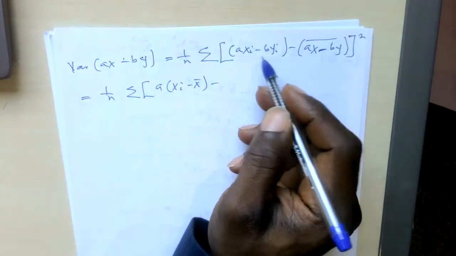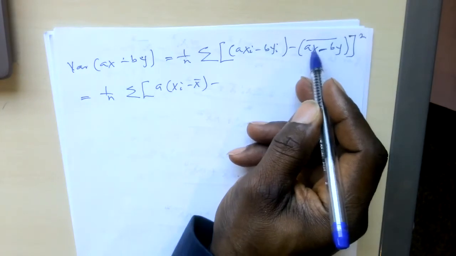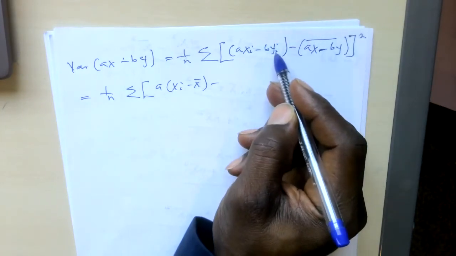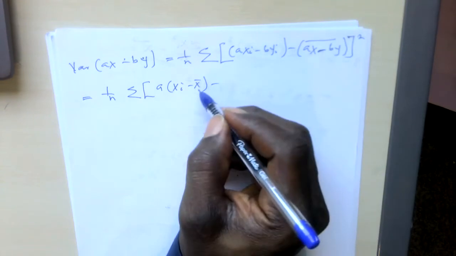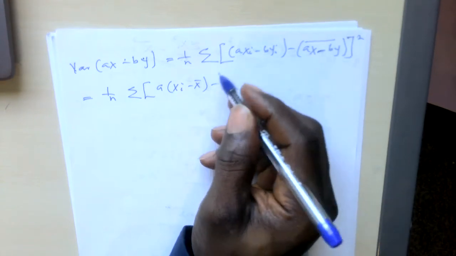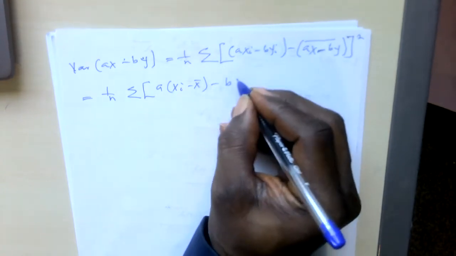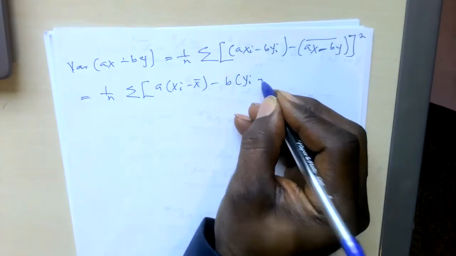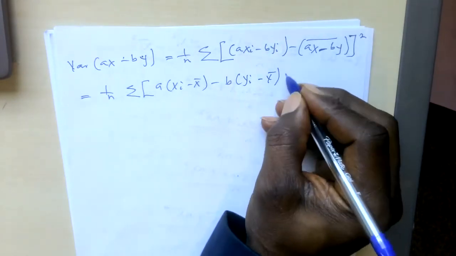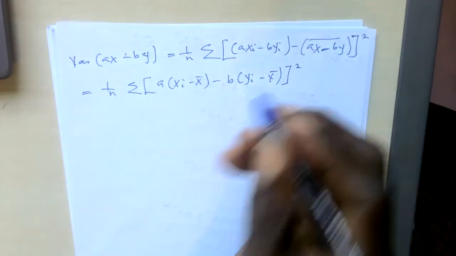Collect like terms, you have this a, bring this a x bar here, take this guy to the other side here. So we have b y i minus y bar square, right?